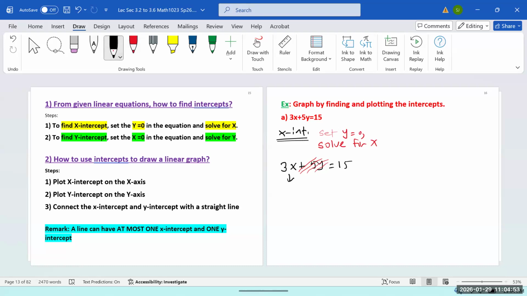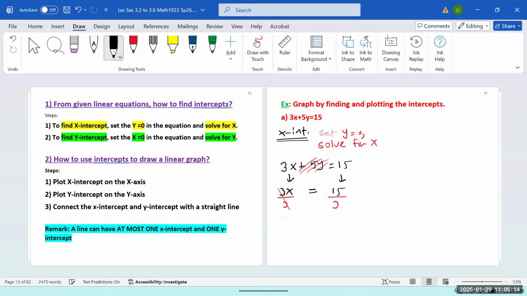So we are left with 3x on the left side of the equal sign and 15 on the right side. And now all you have to do is solve for x, meaning get the x alone. So what do we need to do to get our x alone? Divide by 3.